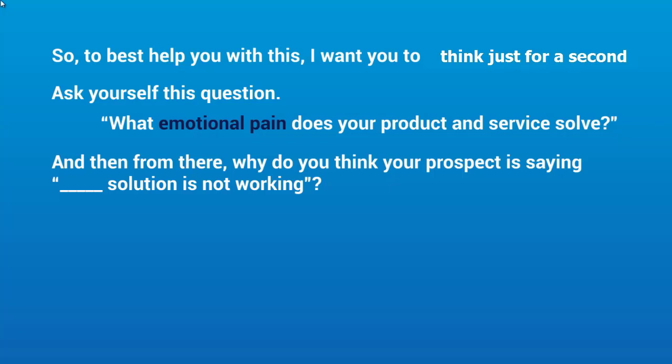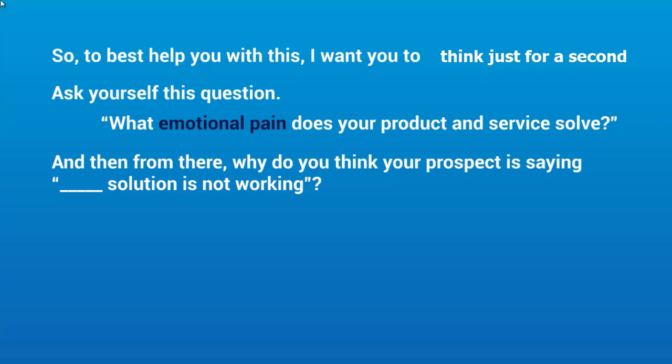So, knowing that, we know that the prospect is interested in some kind of homeopathic natural route. And at this point in time, they're looking to buy, but they've tried all these supplements and nothing is working. And then from there, you ask yourself, the prospect is thinking, okay, I've tried all these natural solutions. Why is this not working?